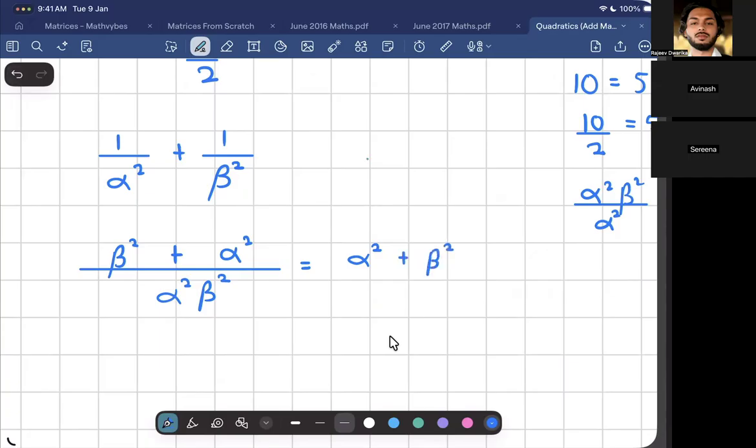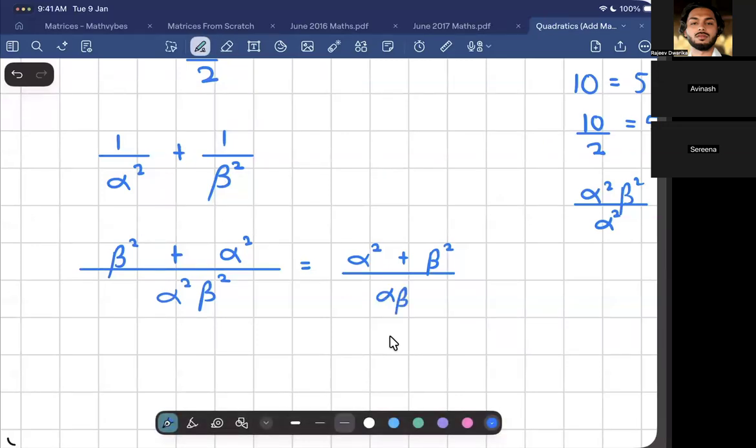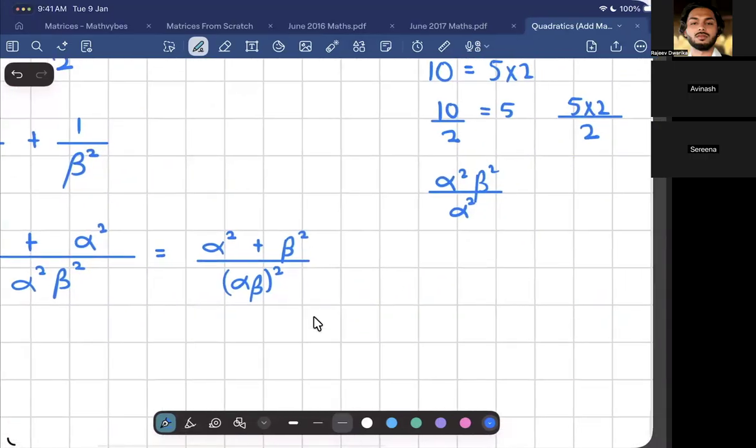Alpha plus beta squared is not the same thing. Over here we're squaring both of them, right? If I'm squaring both of them, then I could write alpha beta in brackets to the power 2, right? Now, what do you remember alpha squared plus beta squared being?